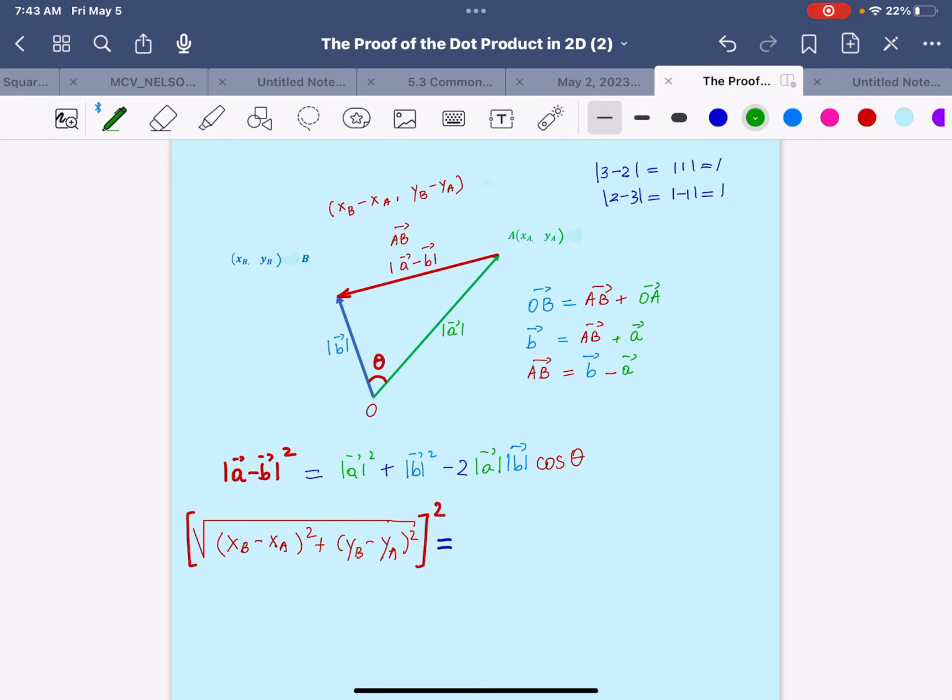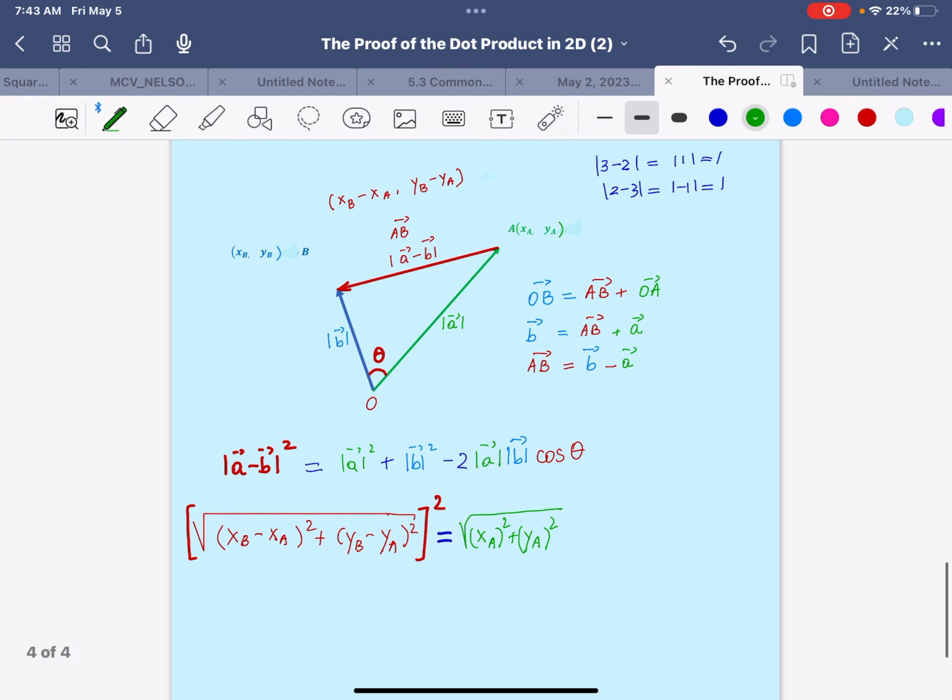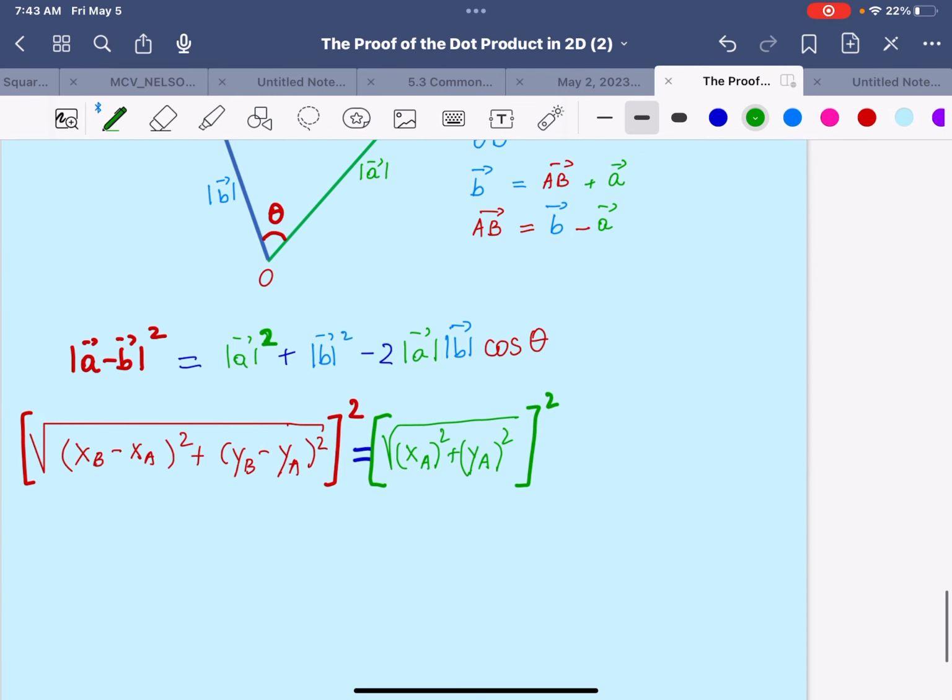So xA squared plus yA squared, square rooted. And because we have the magnitude of A squared, this must be brought to the power of 2. Next, we have B squared.